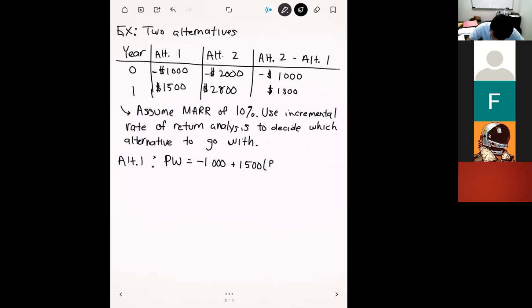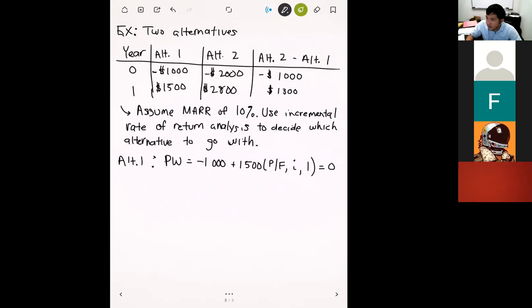But since this occurs a year later, we have the conversion factor P over F, I, which is the unknown rate of return, and then 1. Okay. And all of this is set equal to 0. All right. And so normally at this location, you would start plugging in numbers for this conversion factor.